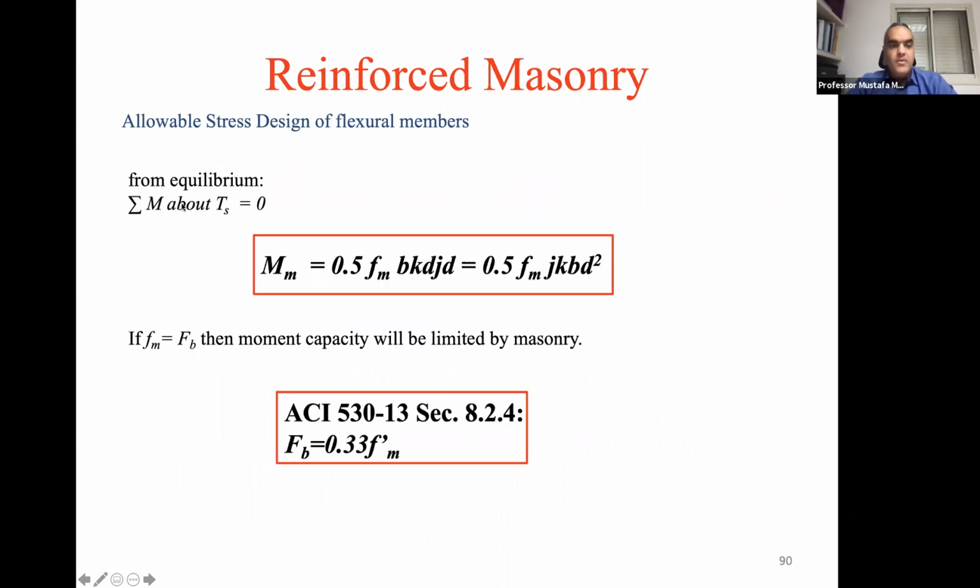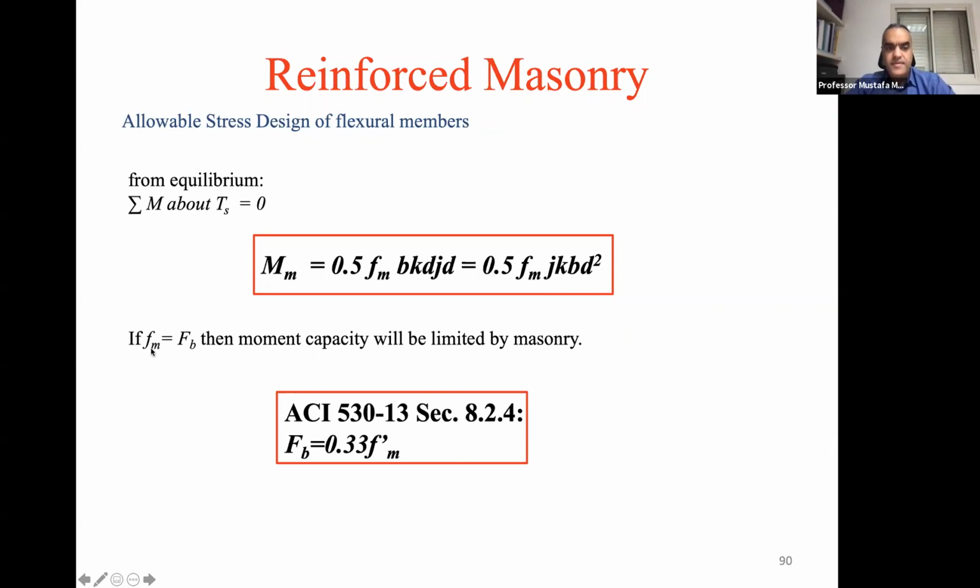Now, if you take a moment about the steel, then we have the moment that's controlled by the masonry. So 0.5 F sub M, which is the stress in the masonry, times B, that's the width, K D, the depth, J D, or you can use this with D squared instead of the two Ds.